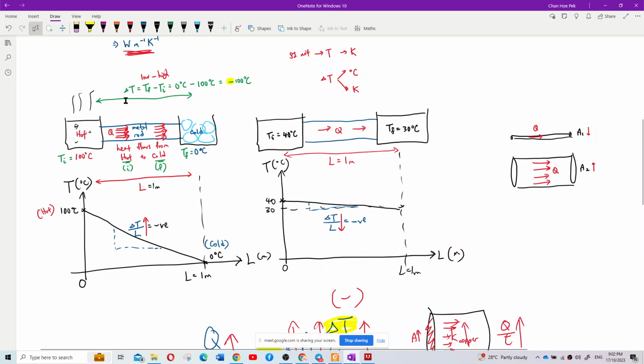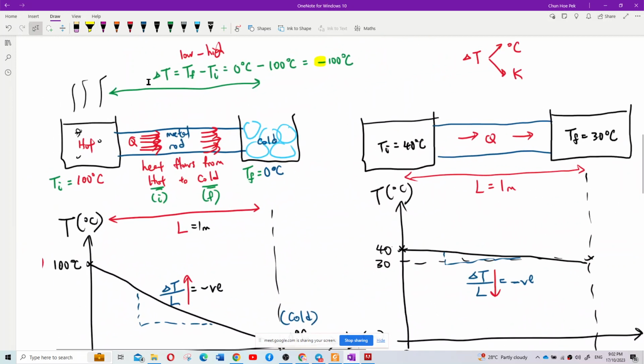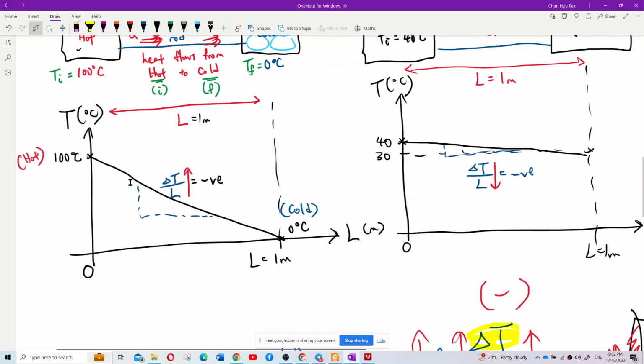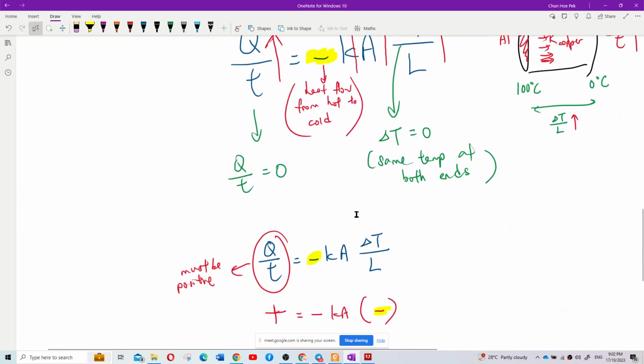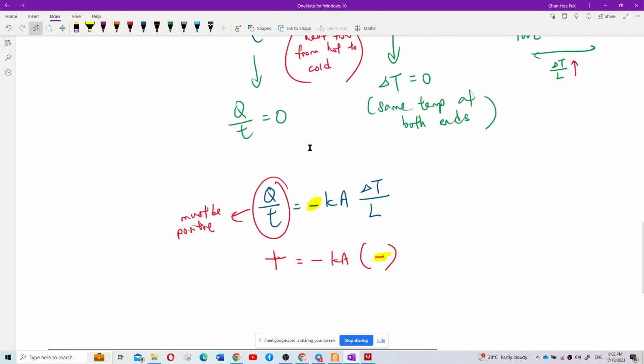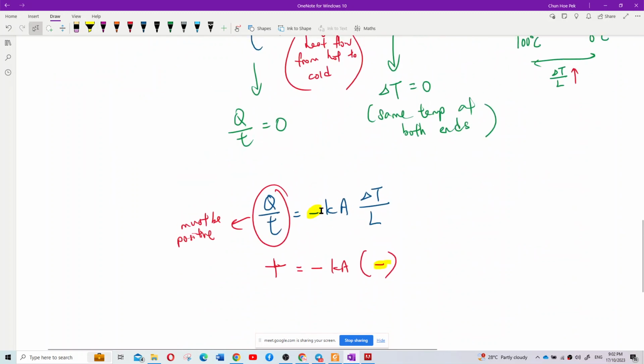That's why we get a negative delta T. And that's why our formula must have a negative sign here, so that negative times negative gets positive for our Q over T. So delta T over L being a negative value means the heat is flowing from hot to cold.